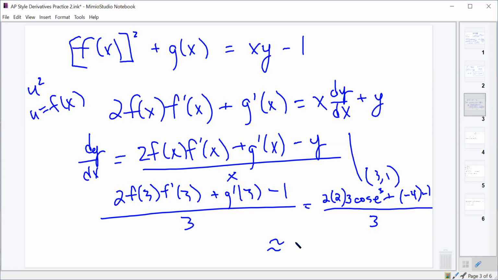Negative 0.352. Everybody agree with that? Is that what you guys all got? Yeah. Perfect. Any questions on that problem at all?